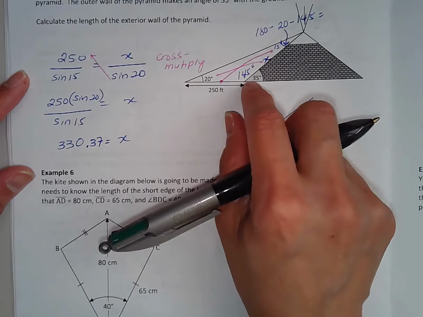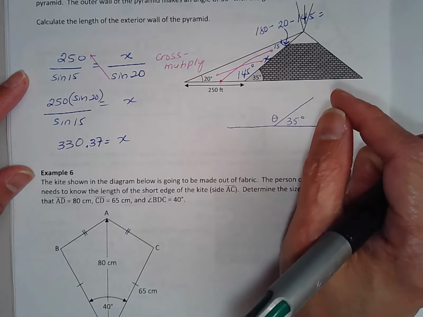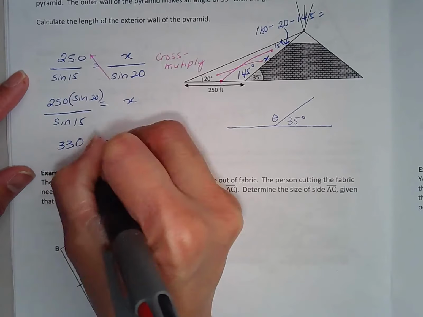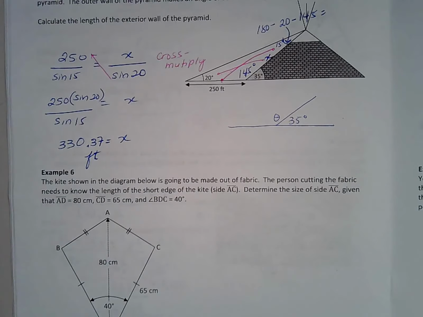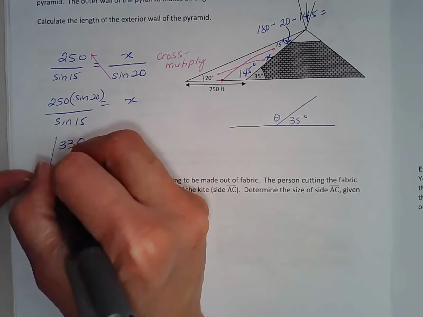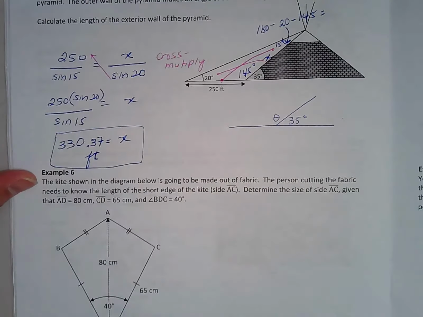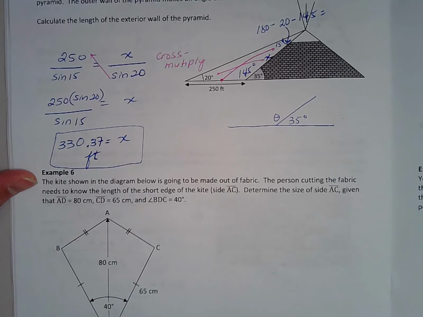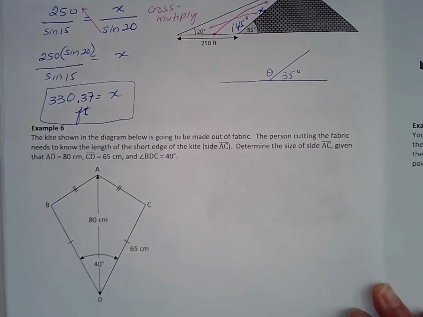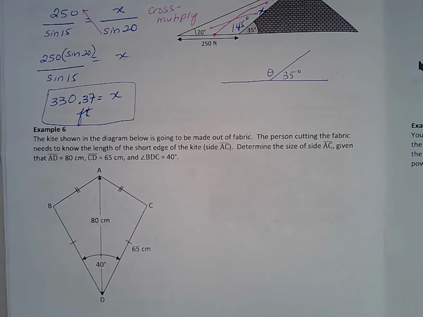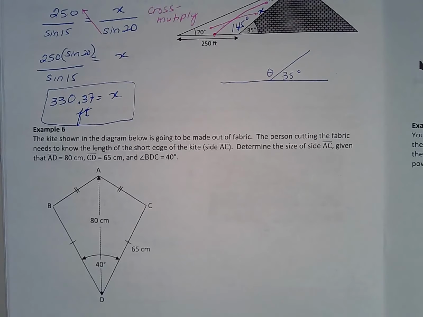Because we're talking about the side, it's going to be in feet. So 330.37 feet. Okay, is that good? We'll probably finish example 6 together. Okay, we'll see how that goes.